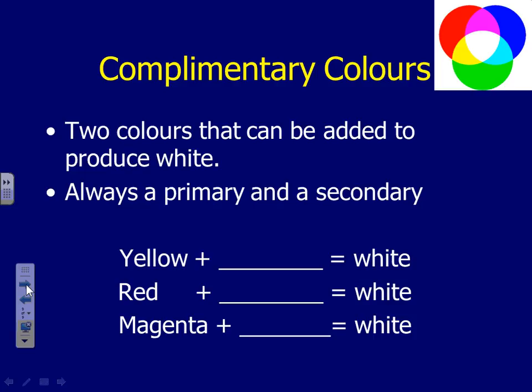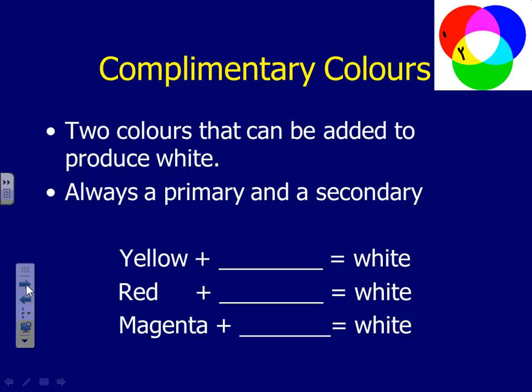Complementary colors, two colors that can be added to produce white light, and they are always diagonal from each other on the chart. So if I have here yellow, there's the yellow. Remember, yellow is already made up of red and green. So what else needs to be added to that to make white? If I have yellow, which is already made up of red and green, you can see it there.